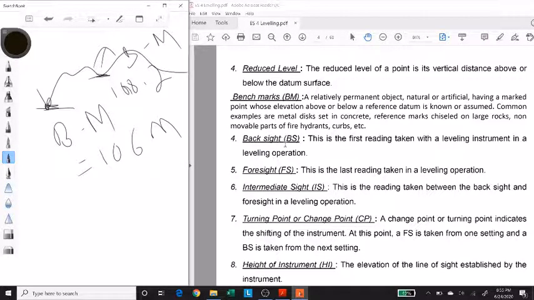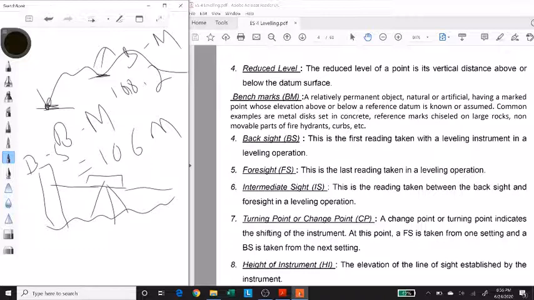Then comes backsight, foresight, and intersight. I'll explain them combined because they are all interrelated. So let's say you are doing a survey over here and you set up your instrument over here. When you set up your instrument, the first reading that you take is called your backsight, and the last reading that you take is called your foresight.